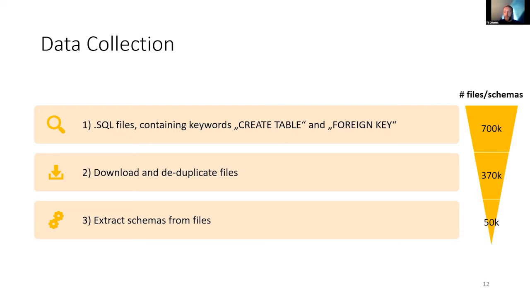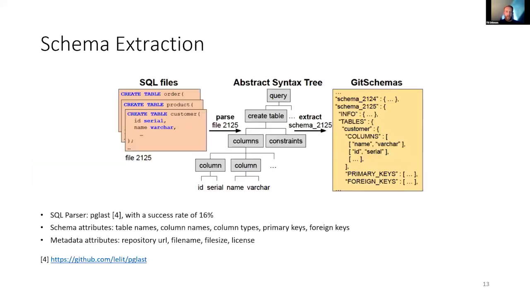We end up with 700K out of 7.8 million SQL files in the GitHub index. Subsequently we download them, deduplicate them, and then extract the schema information from the SQL files in a structured way. We end up with 50,000 of these schemas.